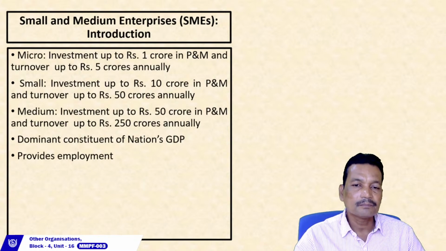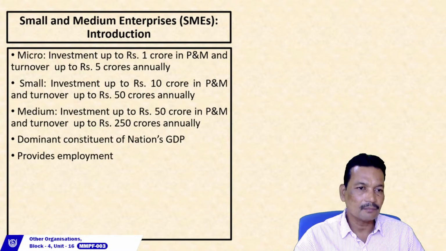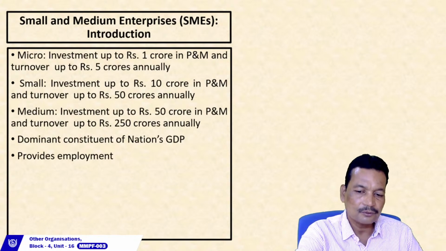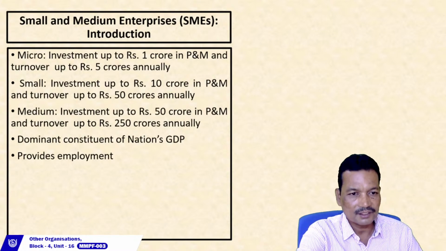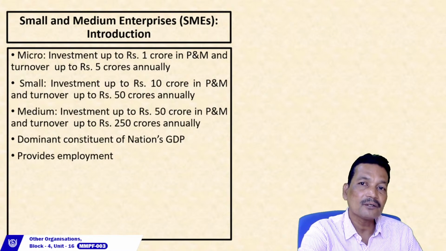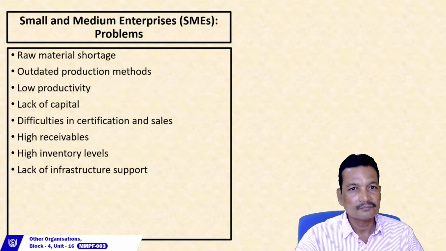If I set up an ancillary industry of iron and steel, it can come under the medium enterprises, and it is the dominant constituent of the nation's gross domestic productivity. The major function here is that it provides employment to a large chunk of the population.